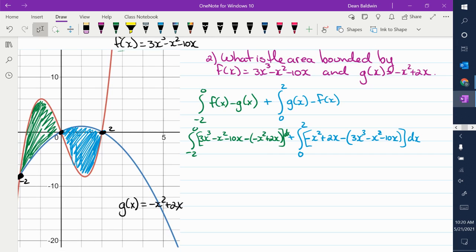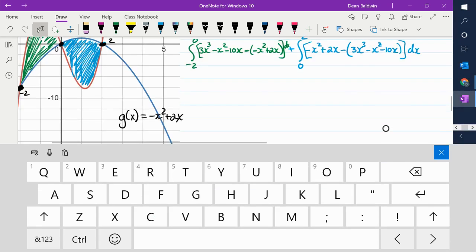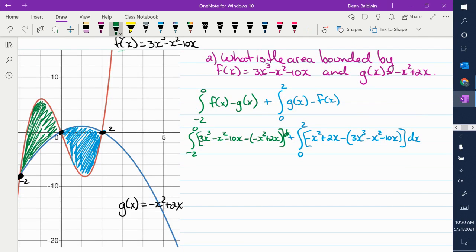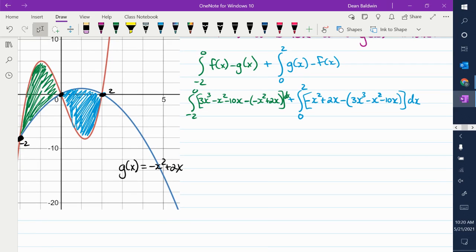Now it's a matter of doing it. But let's simplify it first, okay? Because I don't want to deal with that. If you can make it simpler, that is going to save us a bunch of time. So the green part, combine your like terms. There's no other x cubed, so -x squared plus x squared.